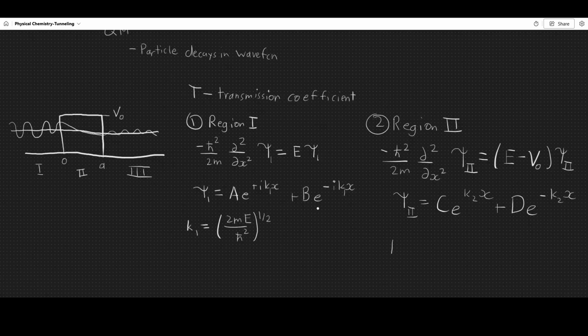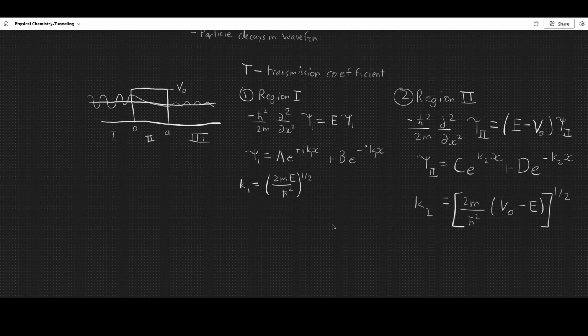And then if we solve for K2, we get K2 equivalent to 2m over h bar squared, all raised to the 1/2. If you want, you can go through and check this, but to save time, I'm just giving you the actual value for k. Perfect. And so now we have region 2.